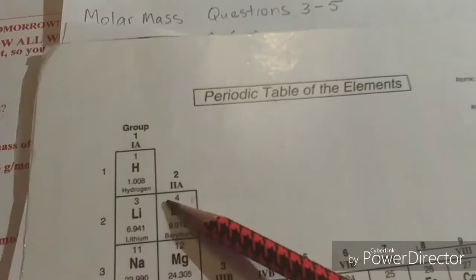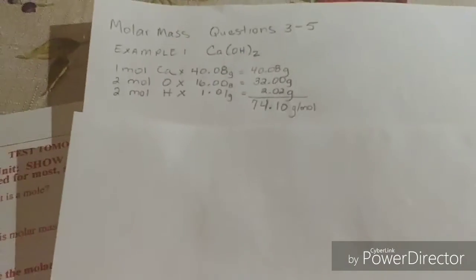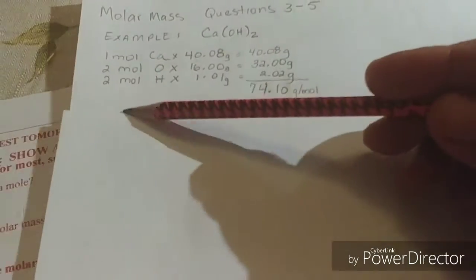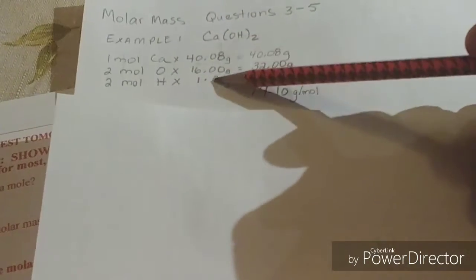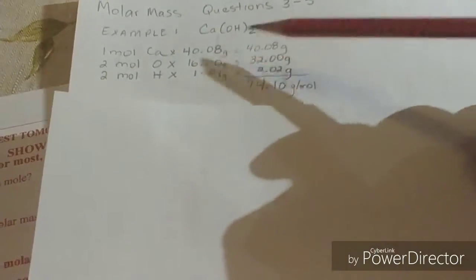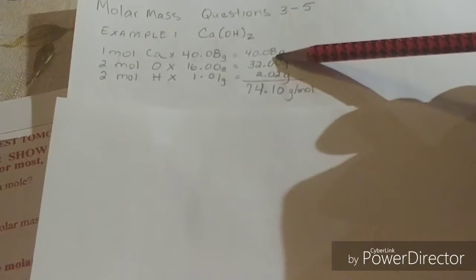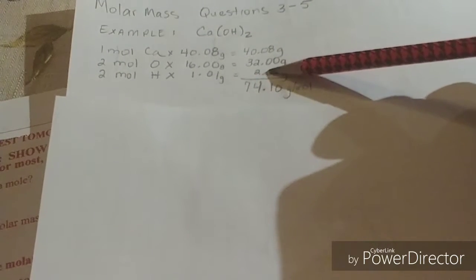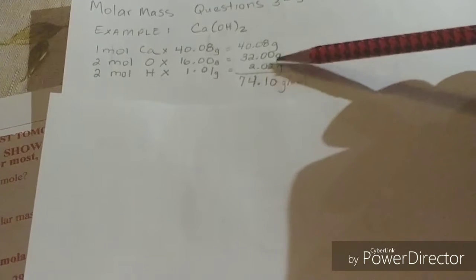And then hydrogen is 1.008, which I can also easily round to 1.01. Okay, so you know where we got these numbers, so now we multiply. Once we multiply, we get 40.08, 32, and 2.02 grams.